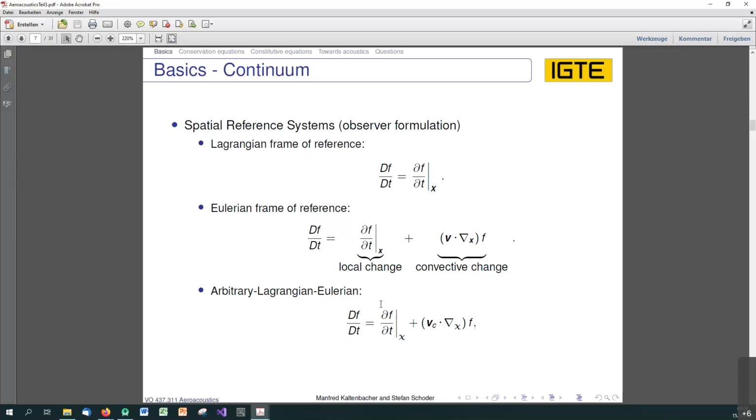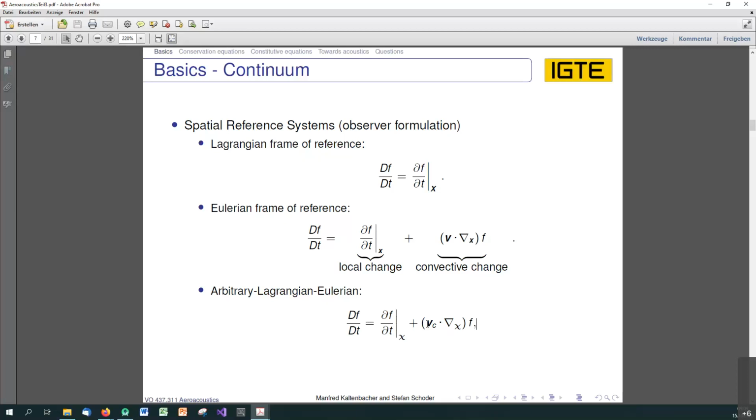Any questions on that? So did I get it right, when I look at the arbitrary Lagrangian Eulerian reference system, then this is the difference between the two velocities of the observer and the quantity or the value we want to measure.